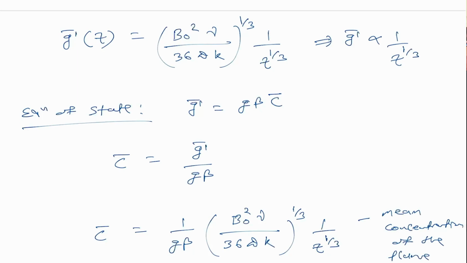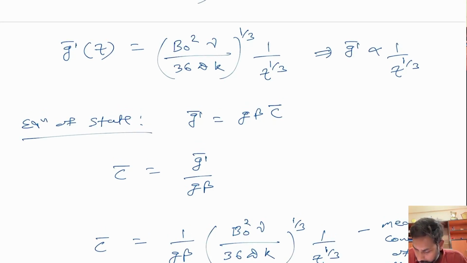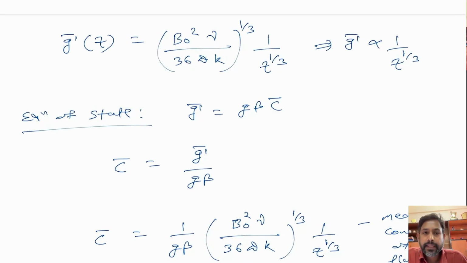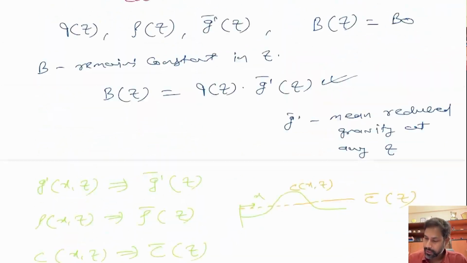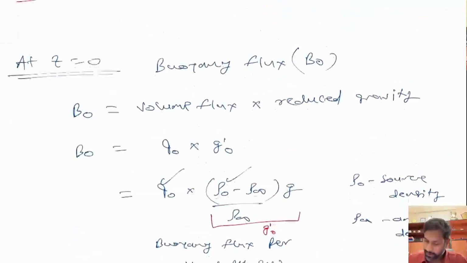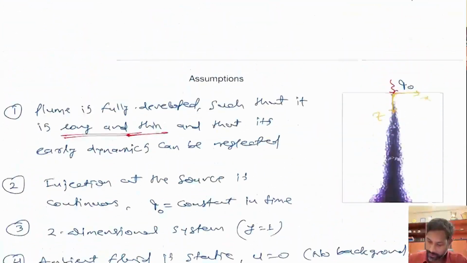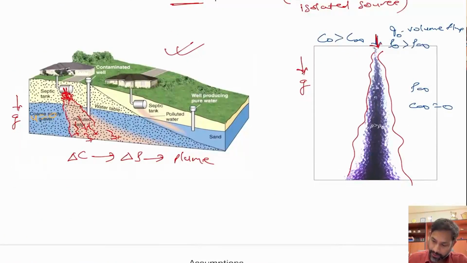And now if you use equation of state, that will give you mean density of the plume as well as a function of z. So you can see how reduced gravity and concentration decreases with z, right? As you go away from the source, it actually decreases, and that is exactly what we also saw in this schematic, that as you go down, the volume increases here, right? But the concentration decreases because of dilution, because of mixing.